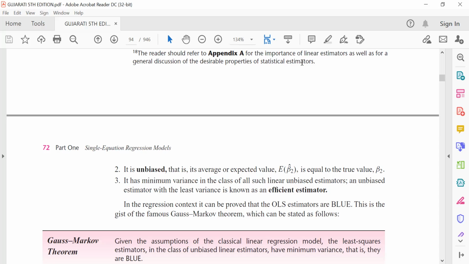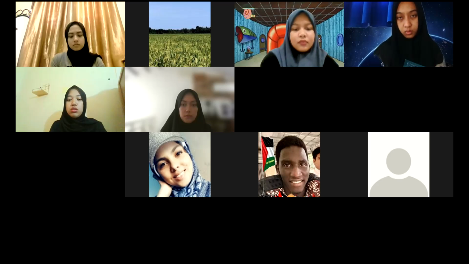Okay, this is the Gauss-Markov theorem, we call it BLUE.